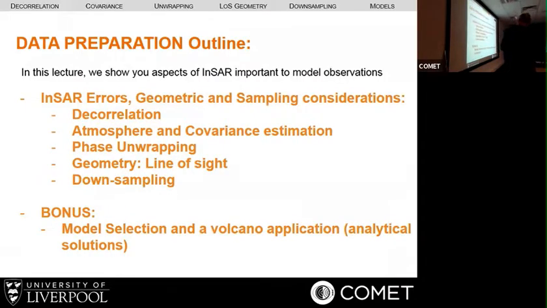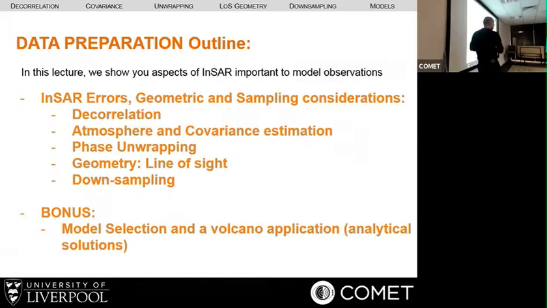So what about this talk? This talk is essentially going to introduce how we can account for errors in the InSAR observations, make some remarks about the currently not clear way to ingest phase unwrapping errors, and a few considerations about the geometry and the downsampling of the image. So in fact, it's three main ideas.